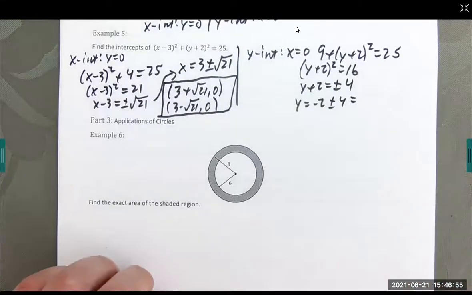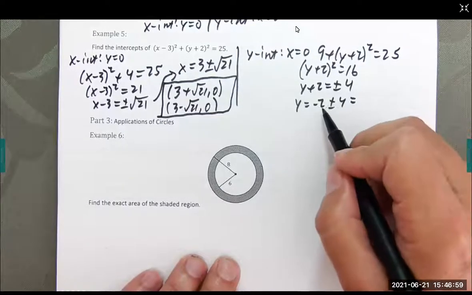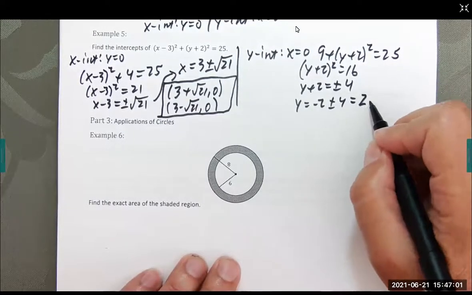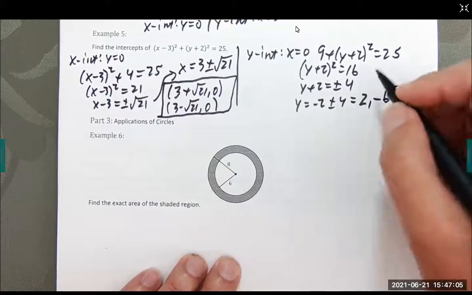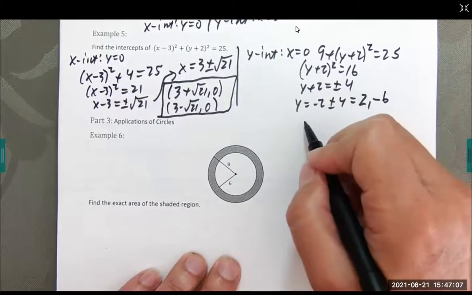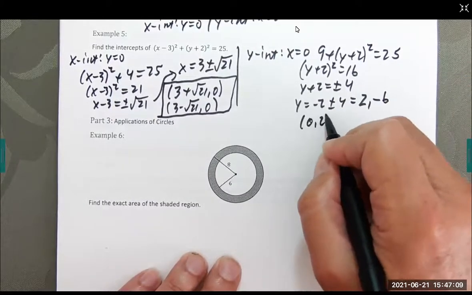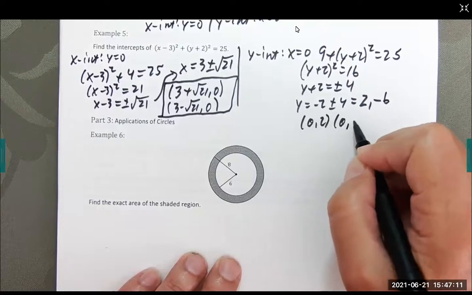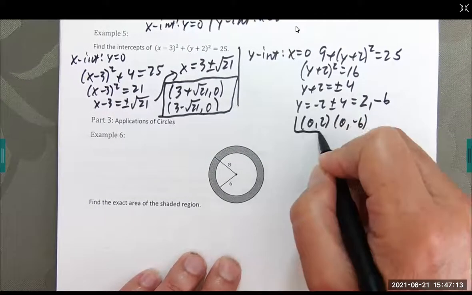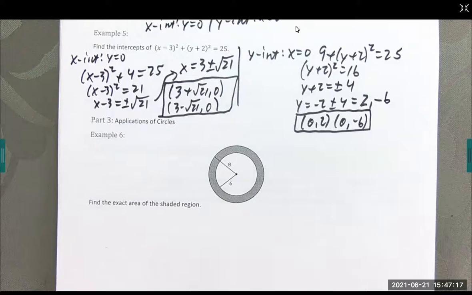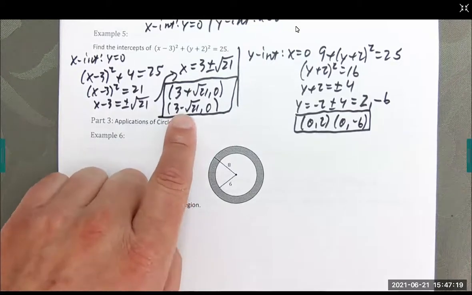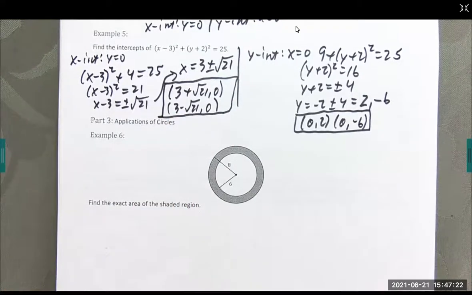So let's see what we got going on here. That's 2 and negative 6, it looks like. We can write these as points. 0, 2, and 0, negative 6. Not too hard. You could get the decimal approximation for those. That'll just depend on what you're going to be doing with it, of course.